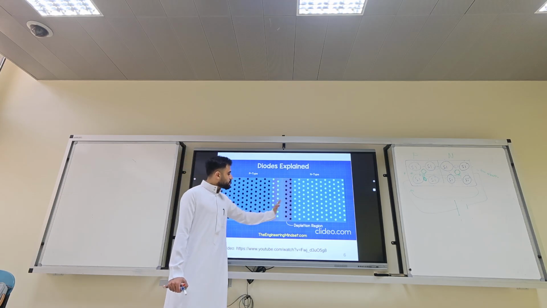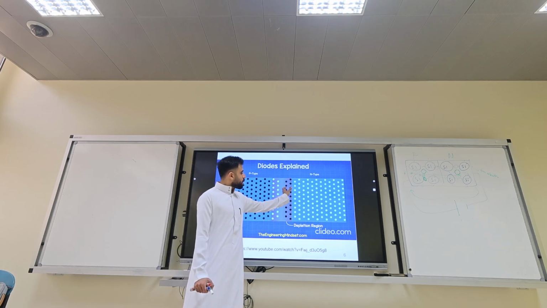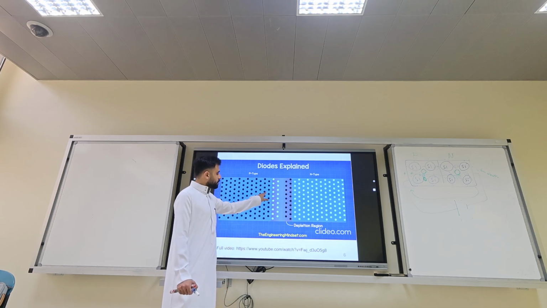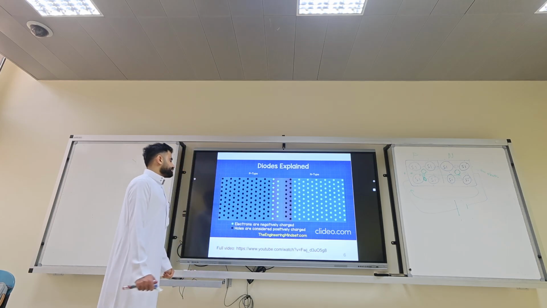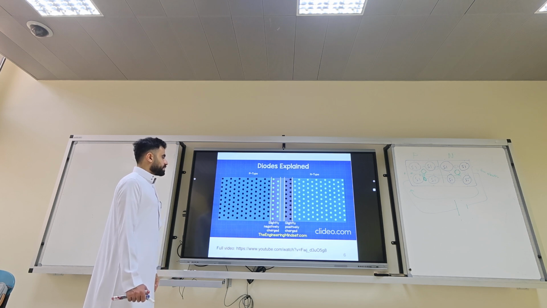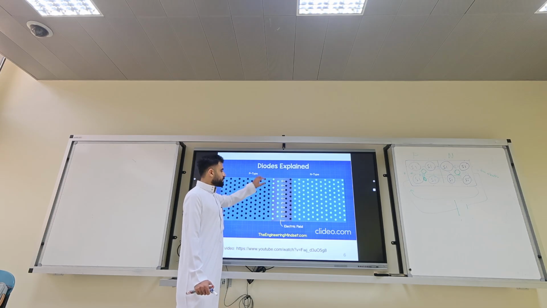Then a depletion region will be created where some of the holes will move toward the electrons, positive and negative, and some of the electrons will be connected. So this will be an empty region. Holes are positive, electrons are negative. Now here we'll have more positive charge, here more negative charge.